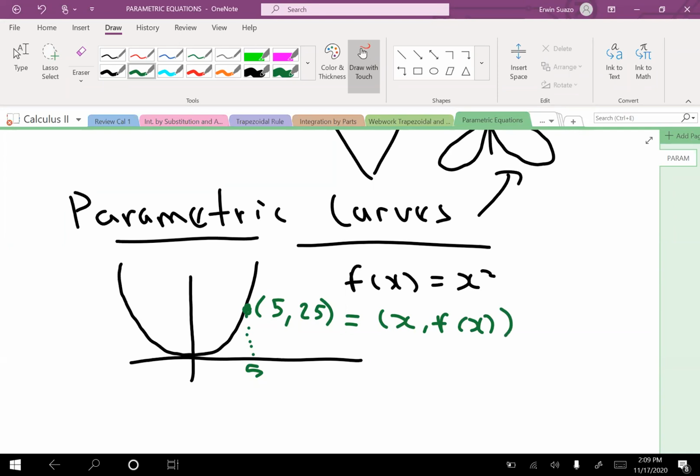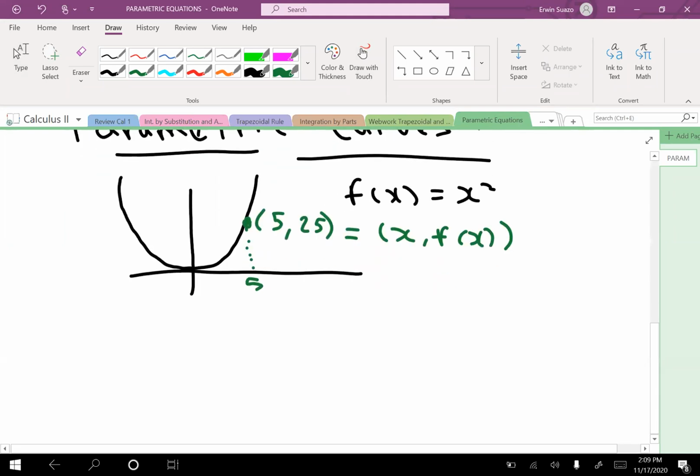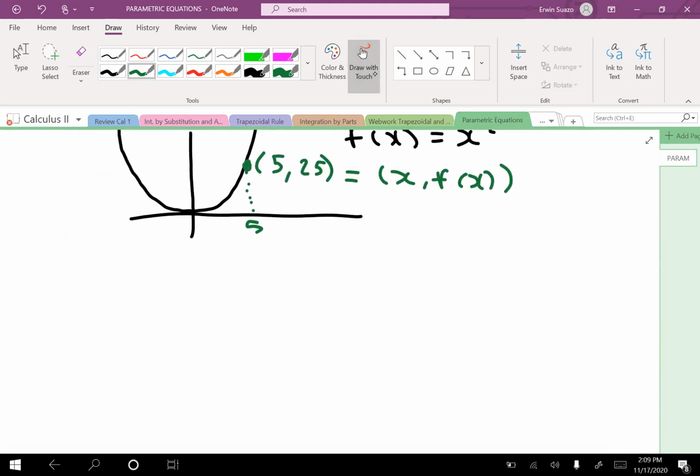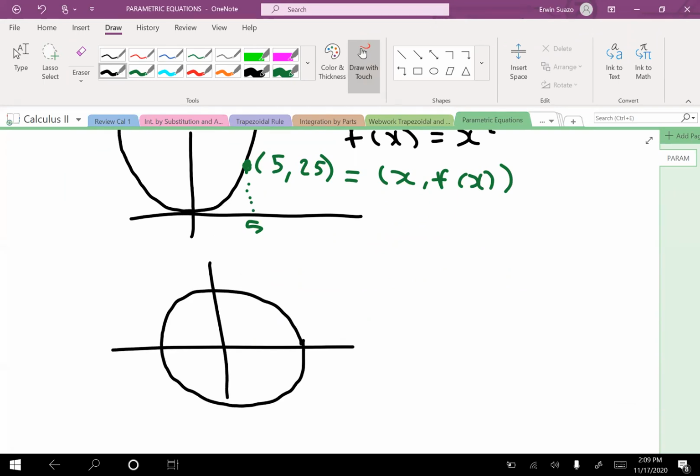Now let's see the next level of this. Let's take a circle. And then let's say this angle is 45 degrees, or pi fourths. What are the coordinates of this point, if this is the circle?